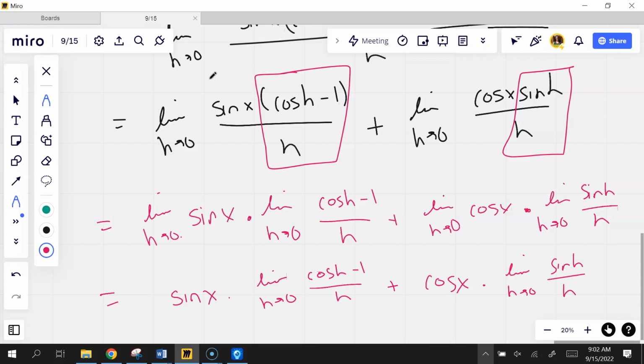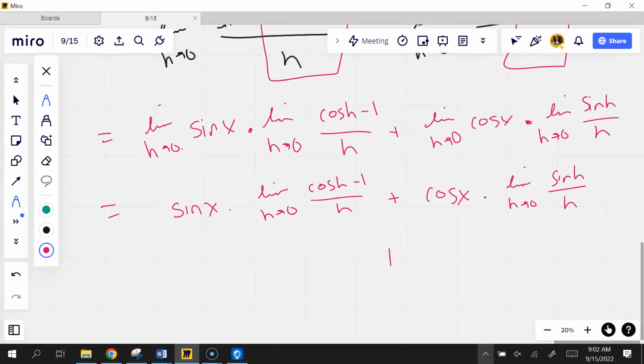What'd y'all say? 1. Right? Remember, we did the limit as x goes to 0 of sine x over x, and we said it's 1. So I know that one. So I know this is cosine x times 1. But how about this? That's that limit.